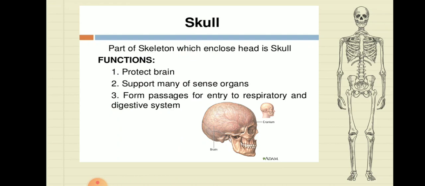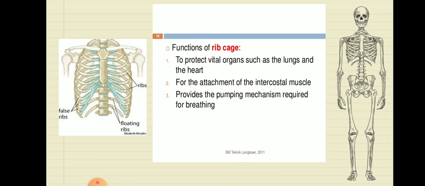Then the next is the rib cage. Now the rib cage is a set of bones that encloses the heart and lungs. As we have already seen, all these skeletal organs protect the delicate internal organs which need protection. So the rib cage protects the heart and lungs, which are delicate organs present in the front part of our body below the neck.